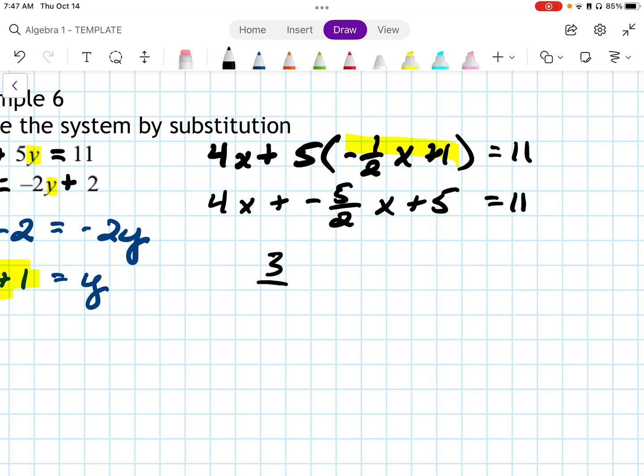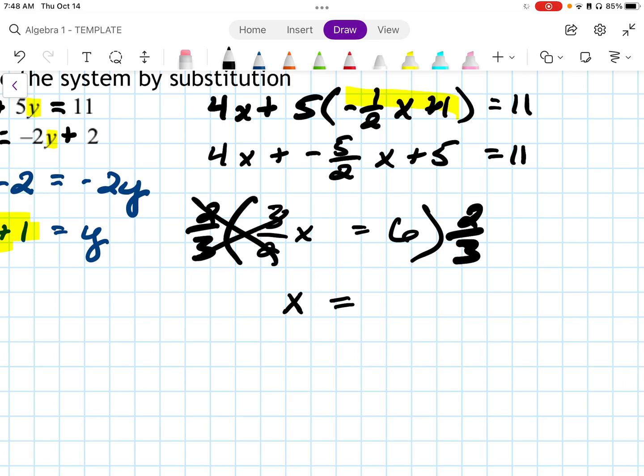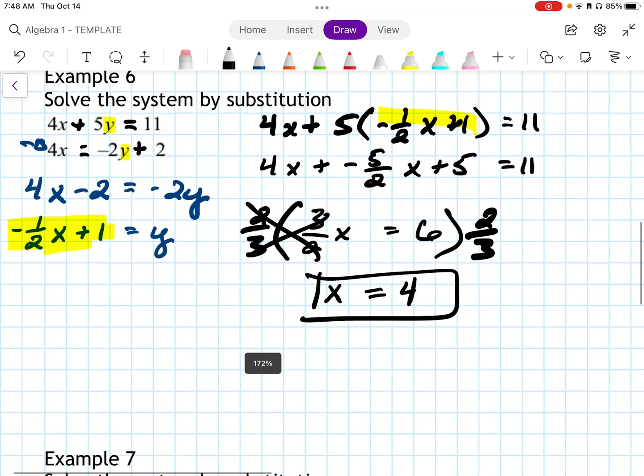No, it would be positive. 3/2 x. And subtracting the 5 would give me 6. Multiplying by the reciprocal of that, I'd get x equals, well, I divide by 3. Well, here, I'll write that out. There it cancels. 6 divided by 3 is 2, times 2 is 4. So x equals 4.